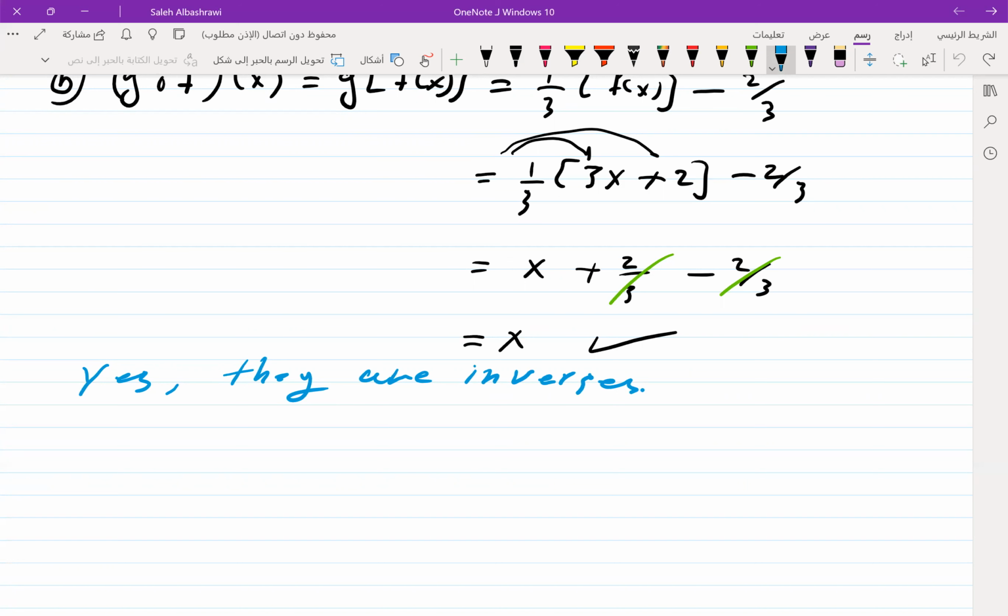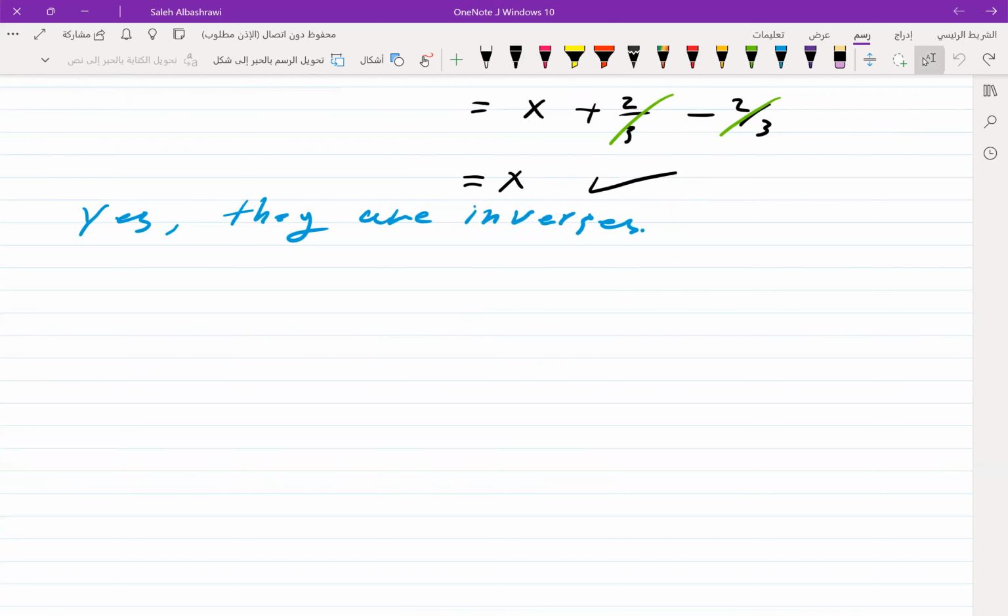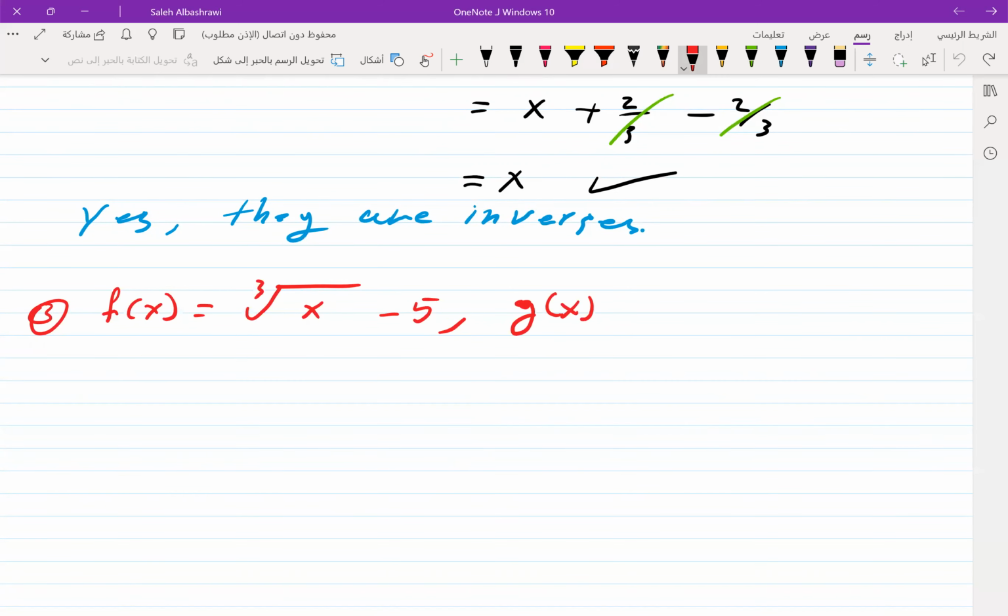Let's take one more example, number 3. Let f of x equal the third root of x minus 5, and g of x equal (x plus 5) to the power 3.